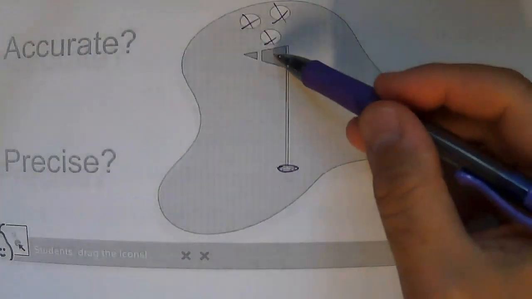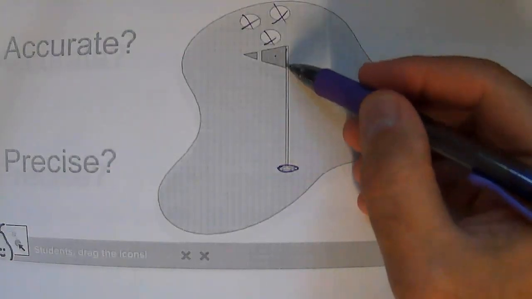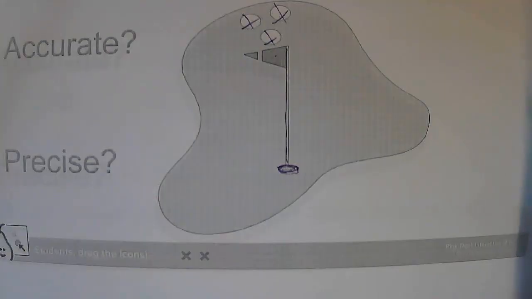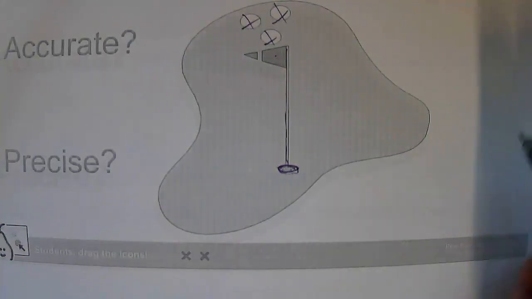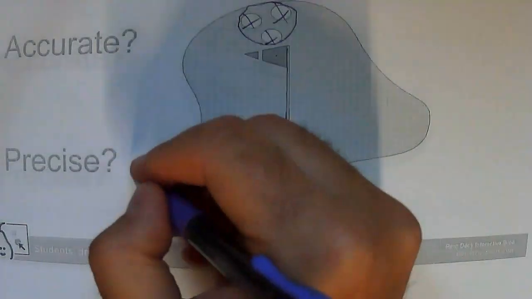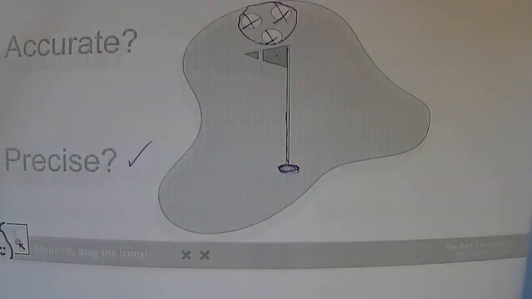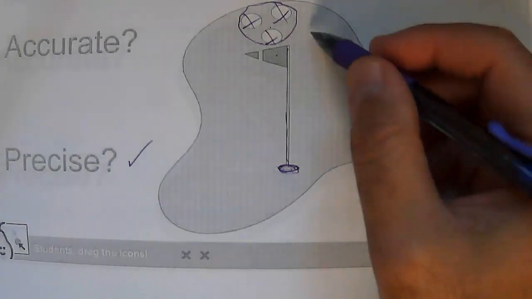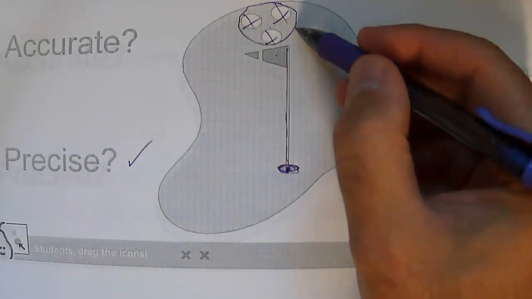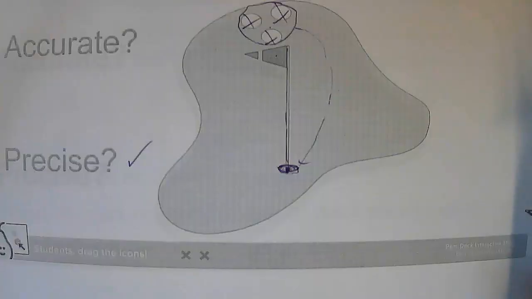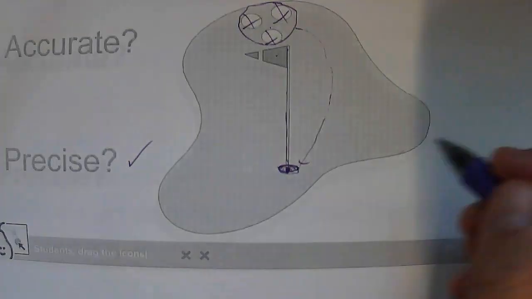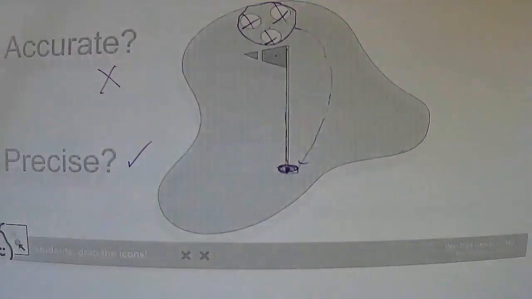It's maybe not clear because the flag is up here, but remember in golf, the flag goes in the hole. So these 3 golf balls are grouped together. They are precise. Are they accurate? Well, if this is the target, this is a long way off from the target based on the size of the green. Okay? So these are not accurate.